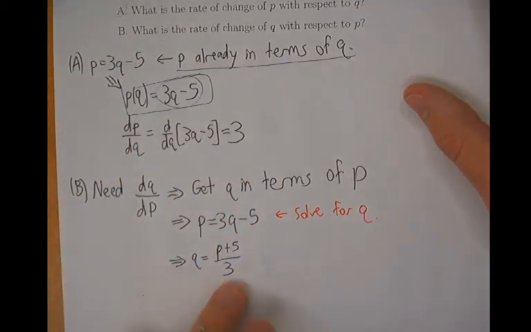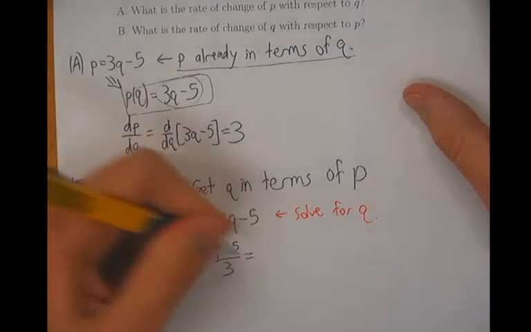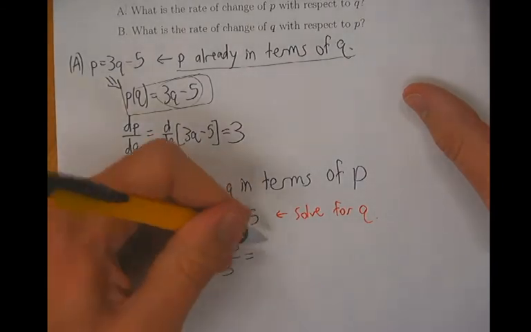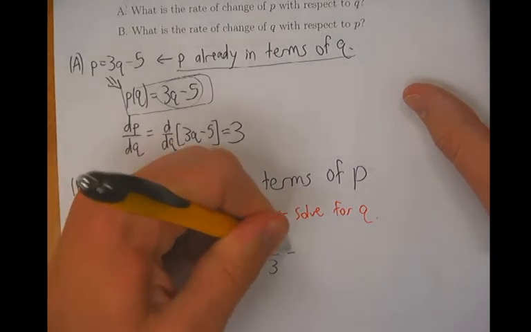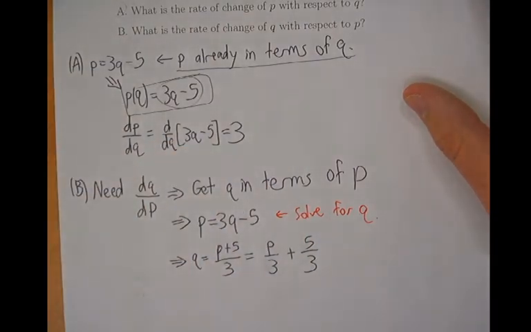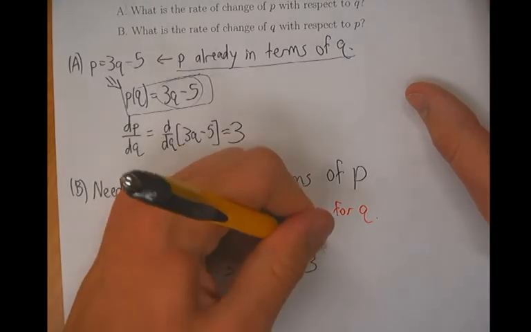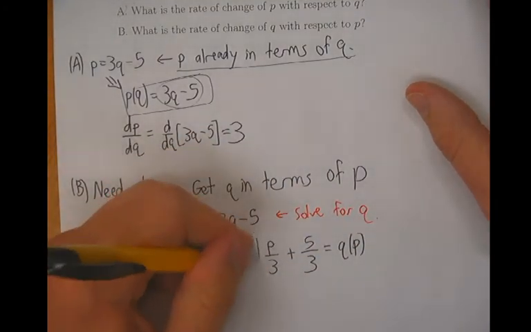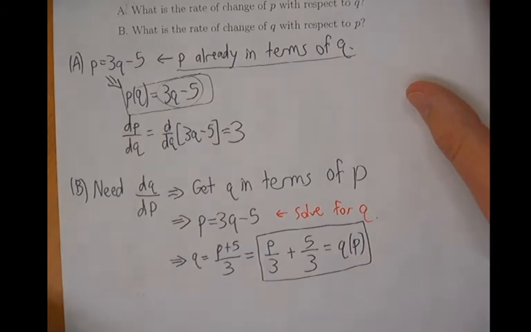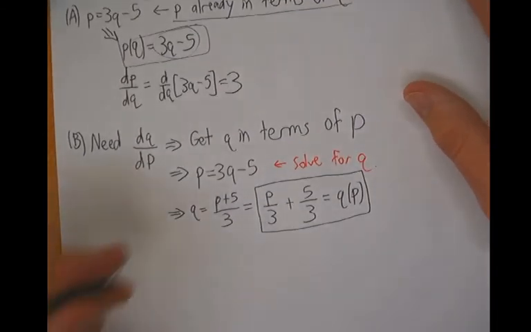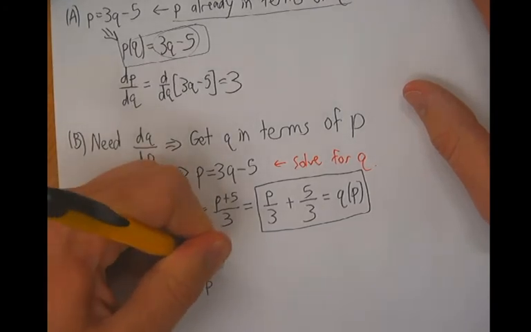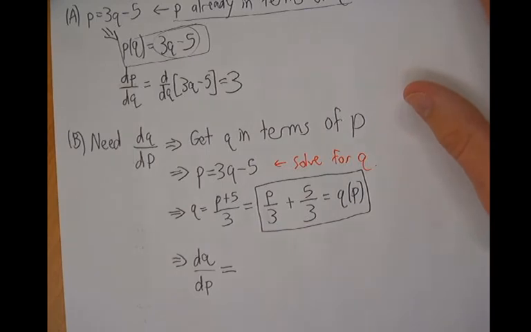So that's good. But what we're going to actually do is rewrite this a little bit differently. Since this p plus 5 has a common denominator, I'm going to rewrite this as p over 3 plus 5/3. The reason is that then not only do we have q in terms of p, but if we take the derivative of q with respect to p, that should tell us our derivative is then what?